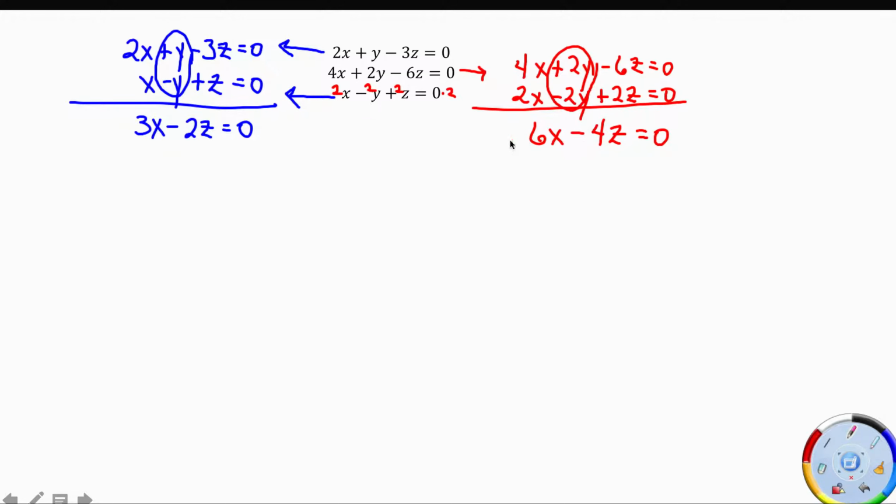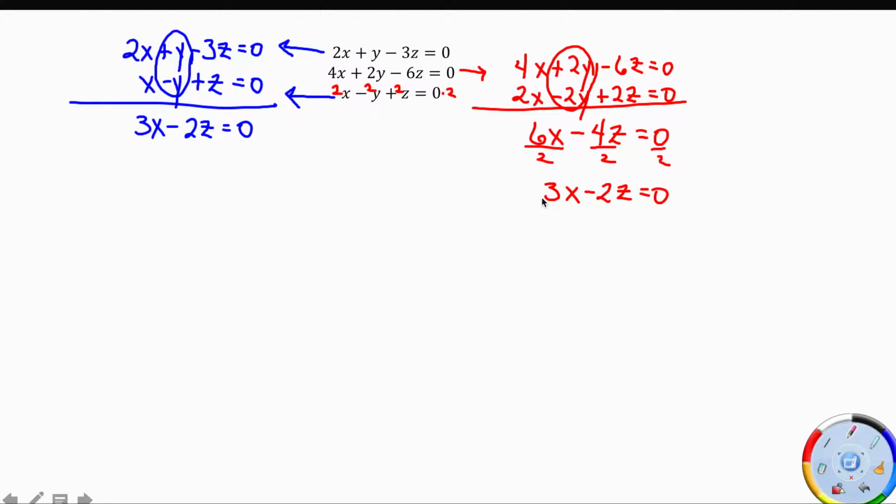This is another case where I might notice, hey, I can make these numbers smaller in my equations, right? 3x minus 2z equals 0. And I notice that I've got the exact same equation, right? So I can tell from that that it's going to be an infinite number of solutions.